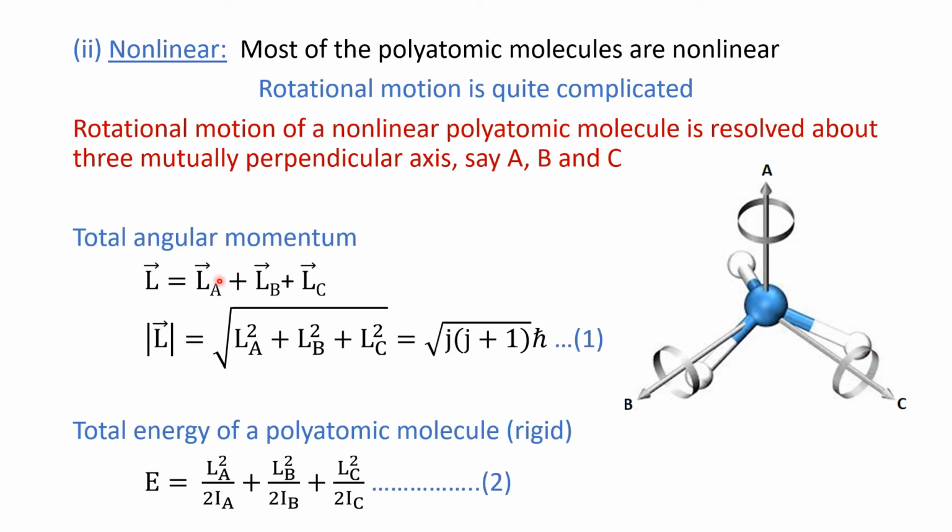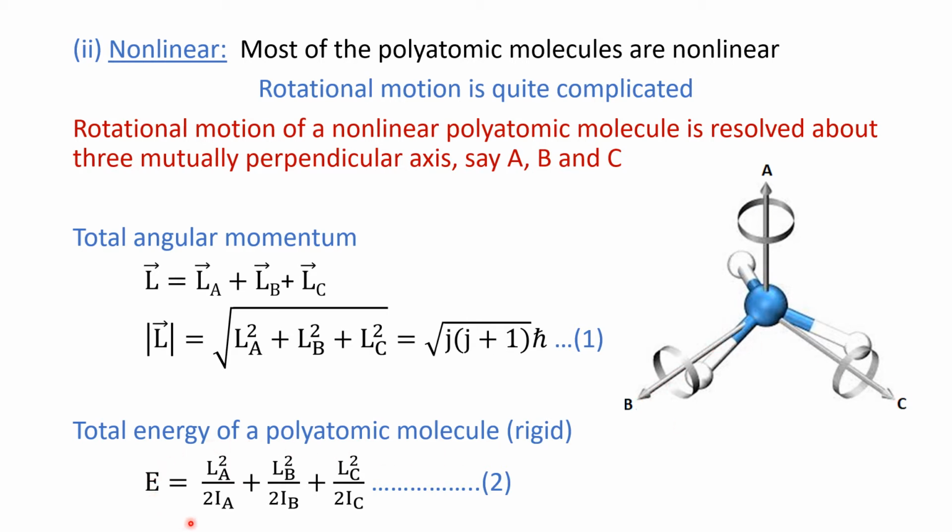So the angular momentum would have three components, A, B, and C. And of course, we know that the angular momentum is quantized. So this is equal to the square root of J times J plus 1, times h cut. So there is energy associated with each motion about the A axis, B axis, and C axis.